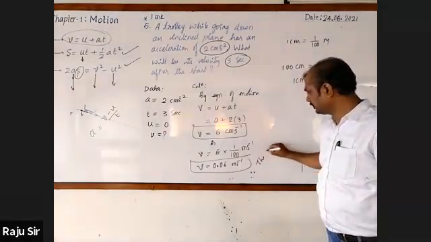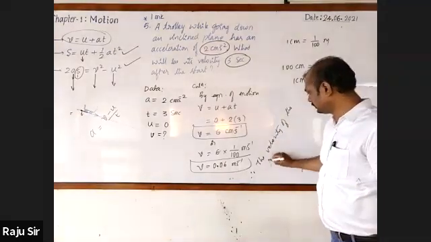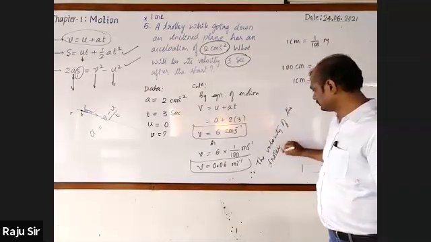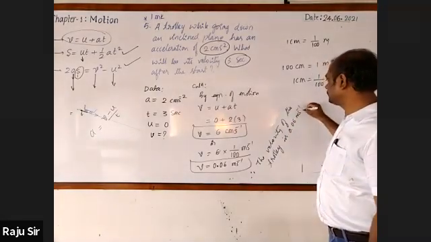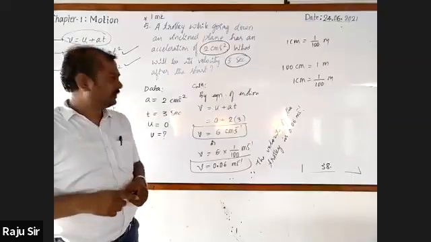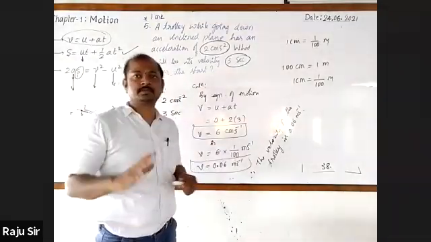Therefore, the velocity of the trolley is 0.06 meter per second. Sir, I got 3 by 50 meter per second. You have only cancelled: 2 3s are 6, 2 25s are 50, so that is how it came.